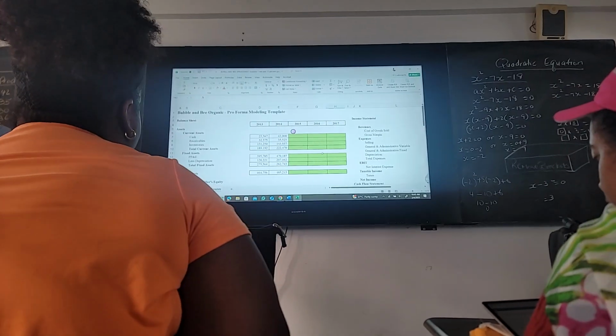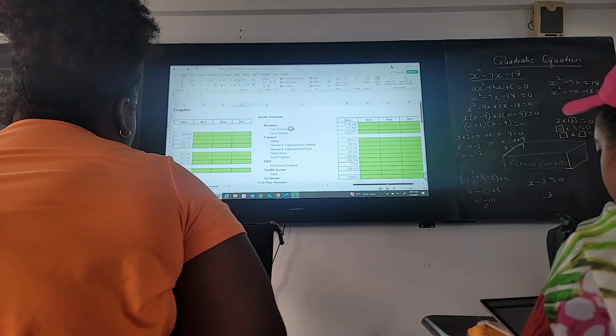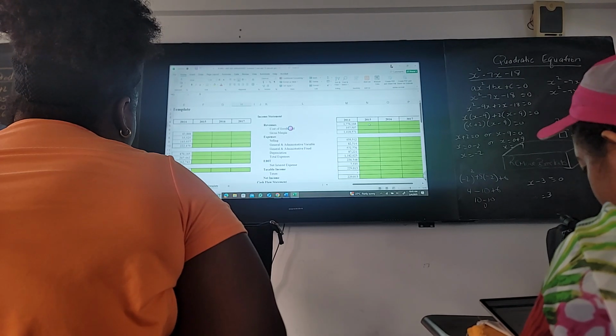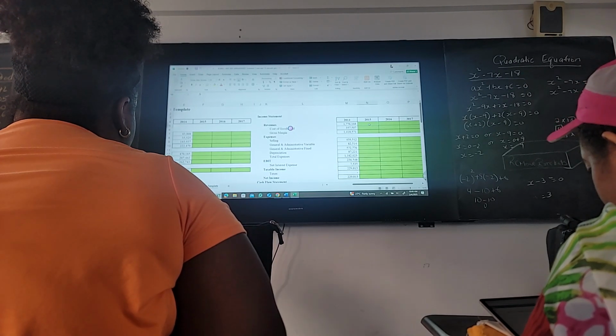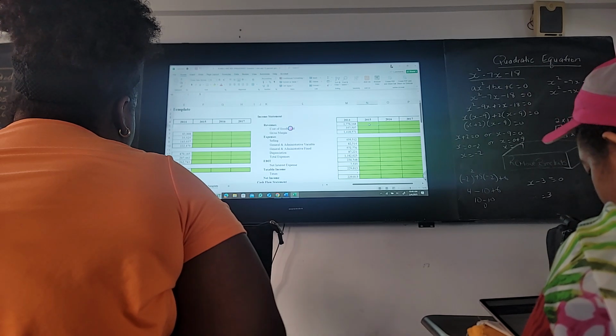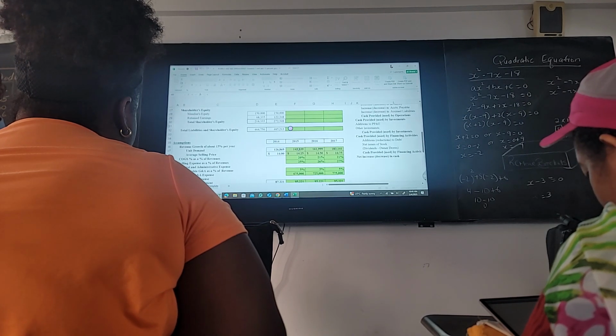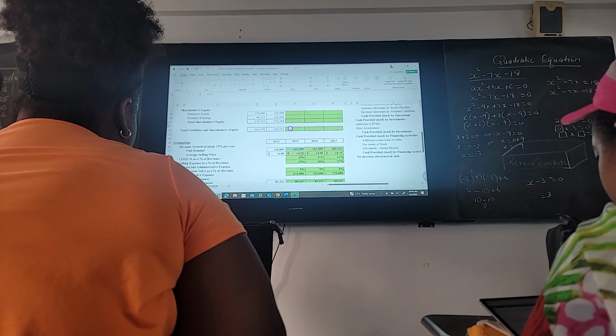So now we are ready to do some of our forecasting. Again, it's a very simple model. Based on these, what is the forecasted sales for 2015? It would be equal to the quantity, the unit demand, multiplied by the selling price.